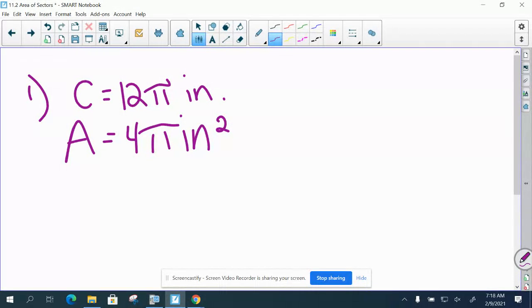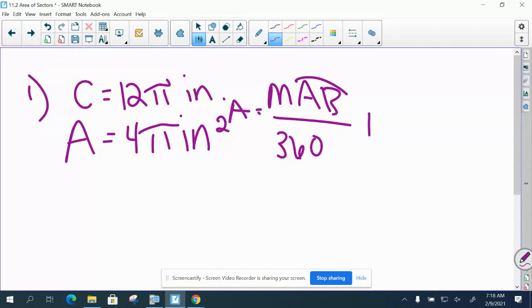And it doesn't give us the radius. Okay, so we need to find the radius if we want to use the area to find the measure of the arc. So in your formula, you've got the area equals measure of the arc over 360 times pi r squared.